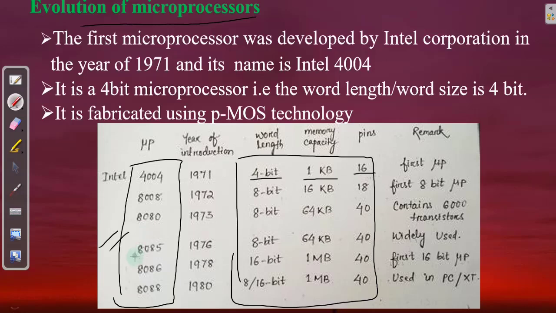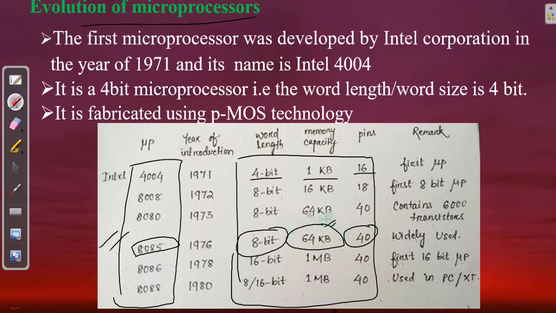For example, for the 8085 microprocessor, you have to remember that for sure. You cannot say, sir, I don't know about 8085. Others also you have to remember for exam purposes. So 8085 has a word length of 8-bit. It is capable of interfacing with 64 kilobyte of memory, and it has 40 pins.